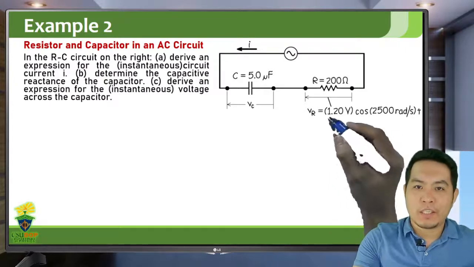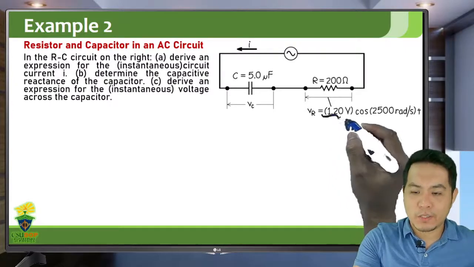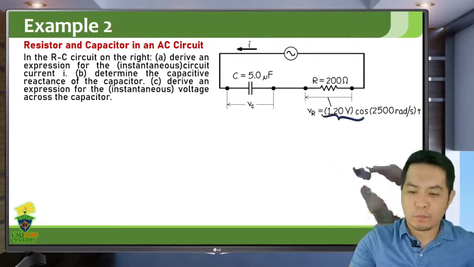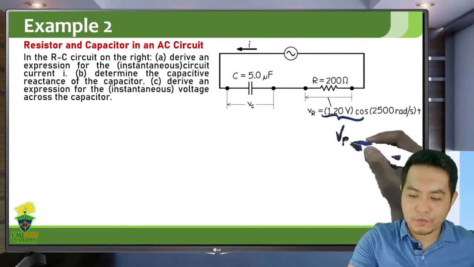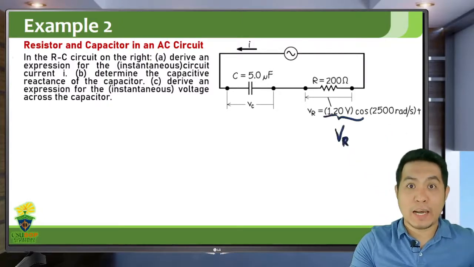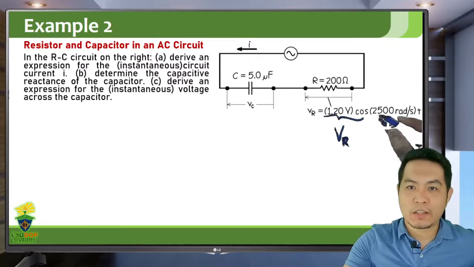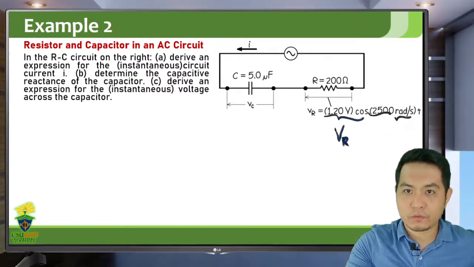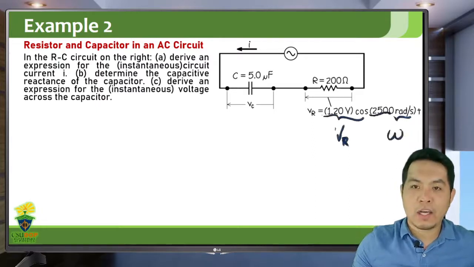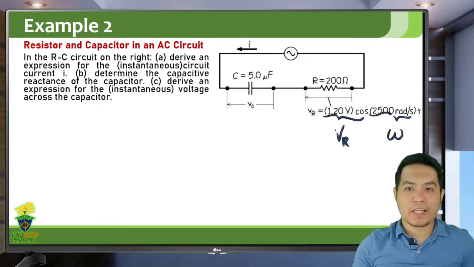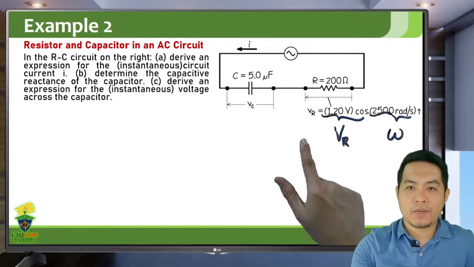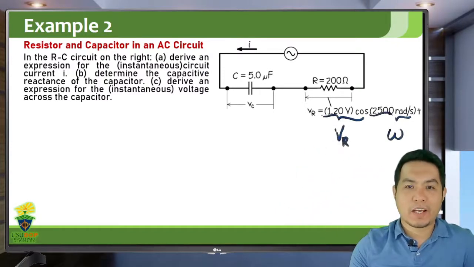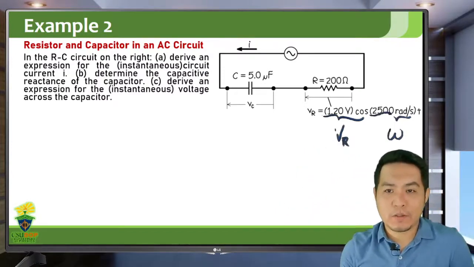So this term here is actually the peak voltage, VR, or the voltage amplitude. And the term 2500 radians per second is actually our angular frequency, omega. So it's V cosine omega t. That's actually the instantaneous voltage.